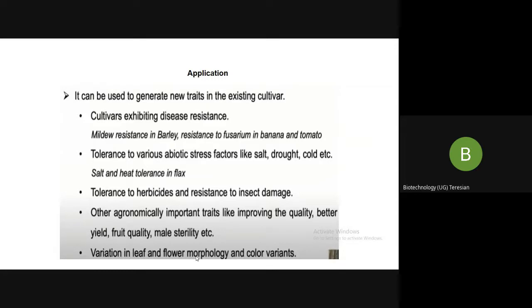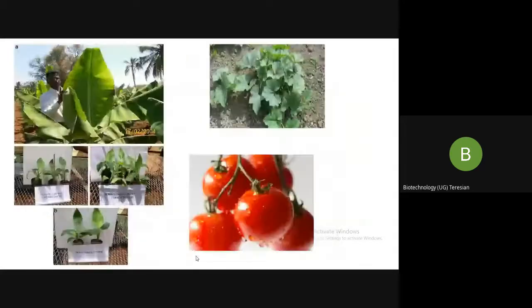So the main important point today was that we mostly dealt with in vivo and in vitro disease resistance, and how we can develop it. We saw the applications now. We saw the advantages, and then we saw the disadvantages also, and we saw the different types of chromosomal changes which occur.